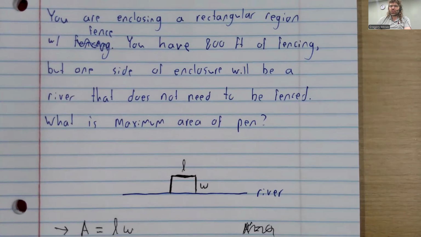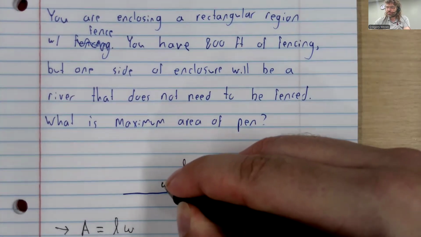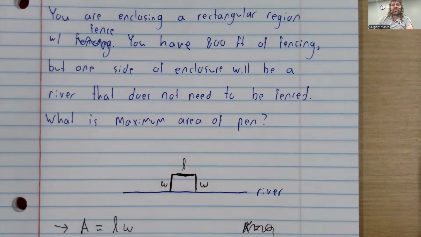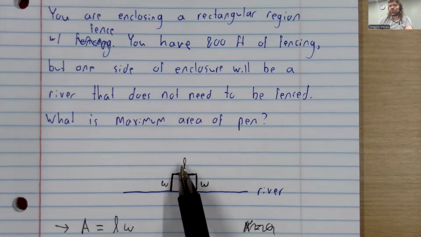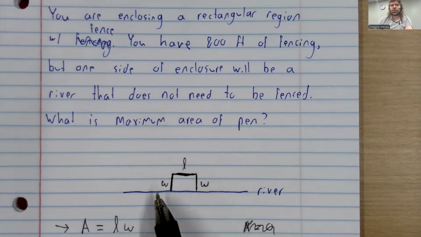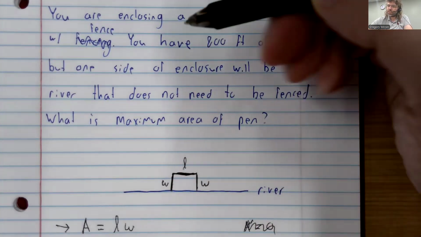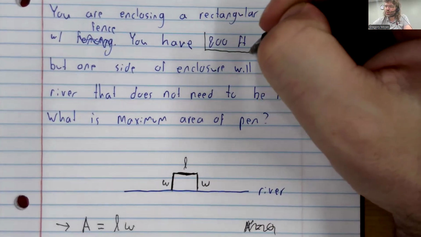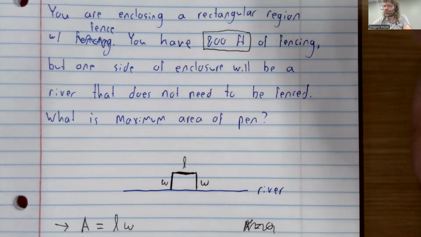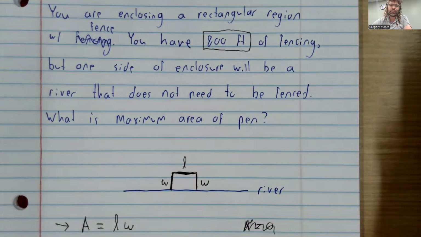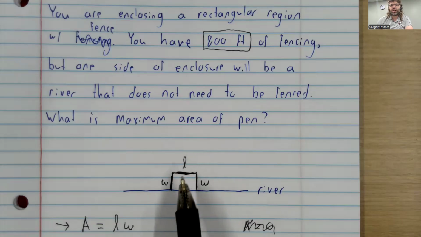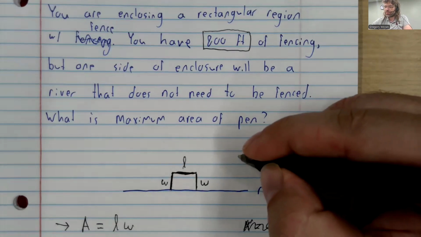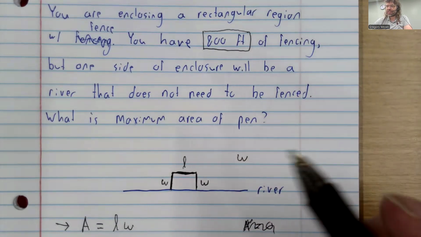And we go back to the problem and we ask, is there a relationship between the variable L and the variable W? And we see the number 800 show up. And this 800 is the amount of fencing we have. In terms of the variables L and W, how much fencing is there?